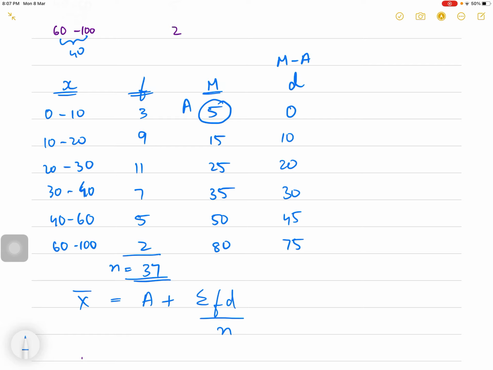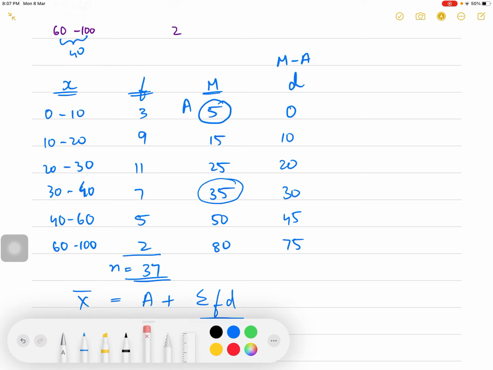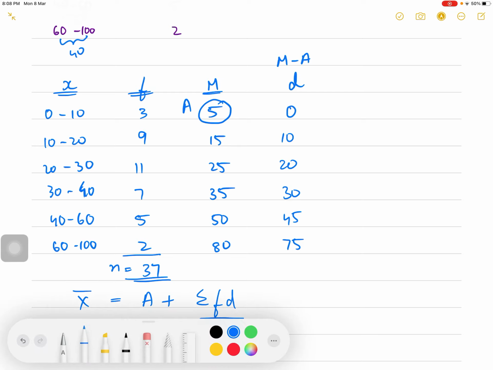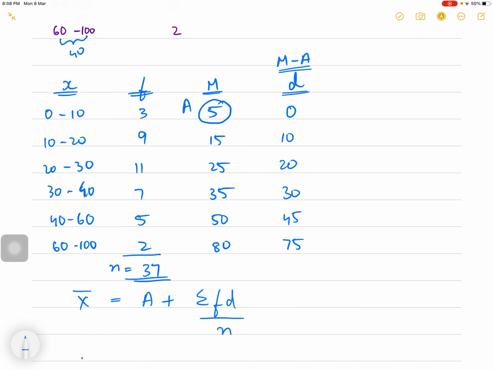Technically, I should take 25 or 35 as the assumed mean. It would be better if I take 35 as the assumed mean, because I don't want students to make any calculation mistake. So I take the lowest number as A, and that makes the sum easier. So M minus A is D.